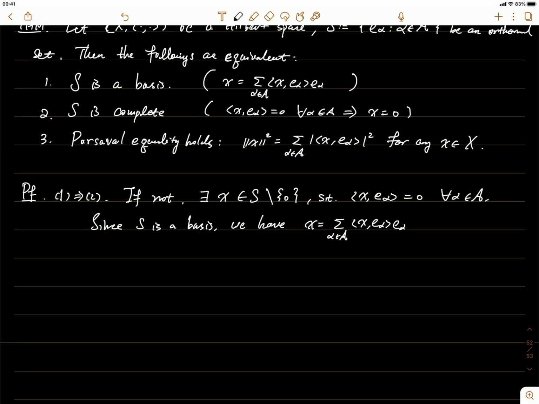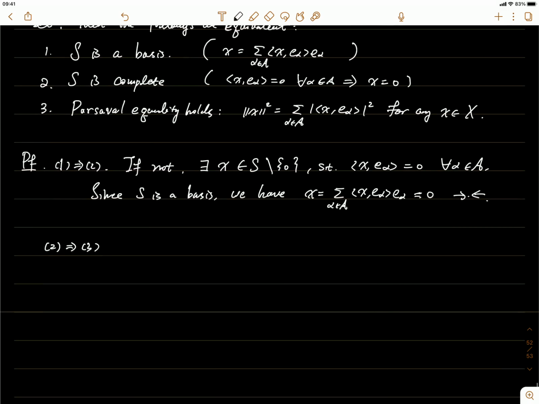But this is equal to 0 since each of these coefficients is 0. So this means that x is equal to 0, and that is a contradiction to the statement here, which says that x is non-zero. That's a contradiction.